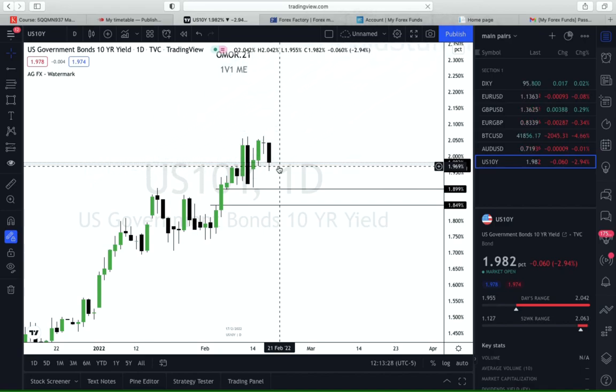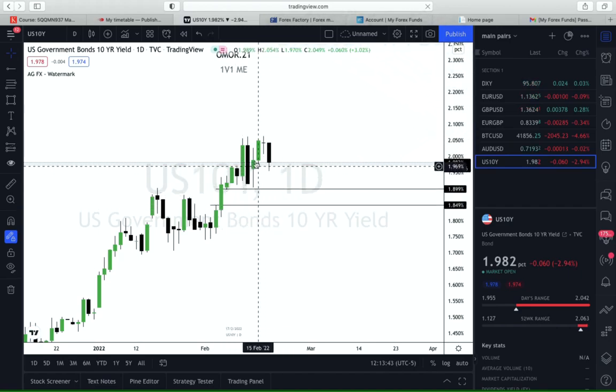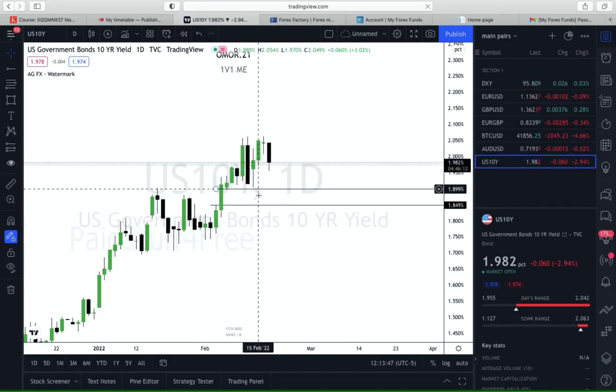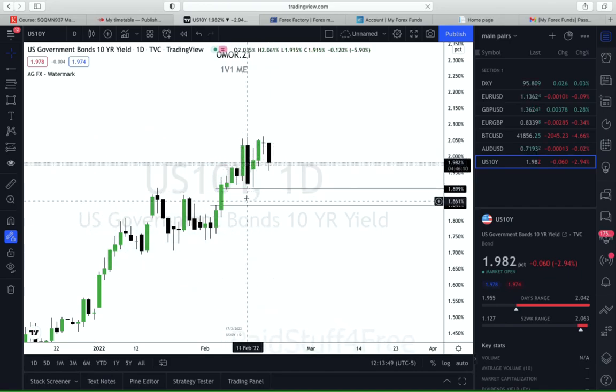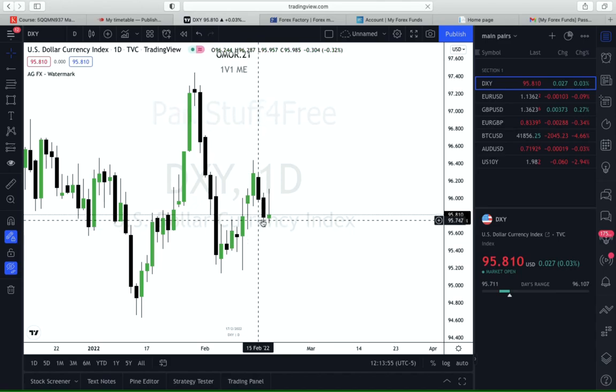It wants to deliver liquidity whilst rebalancing imbalances or filling inefficiencies in the market. So we see this inefficiency in the market. So if we're saying that the US 10-year bond yield is going to come down into this area, where should we see the DXY go?